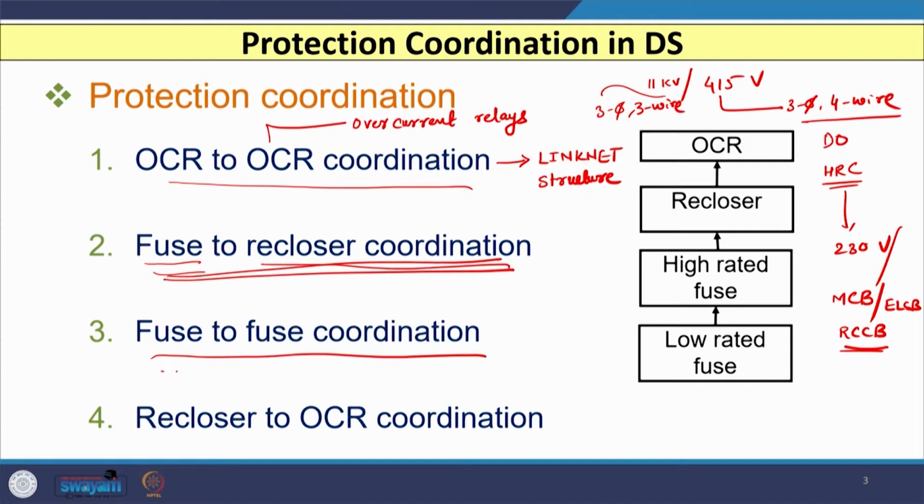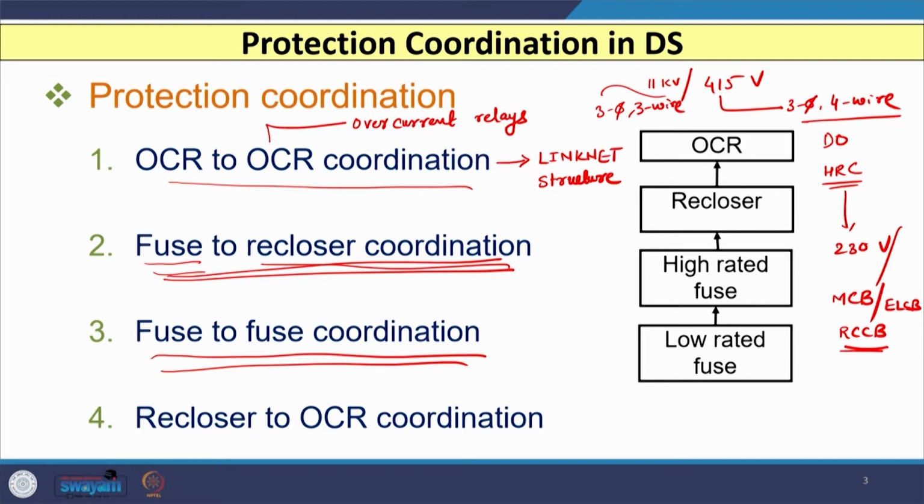Then the third is coordination between two fuses, because we know that at the 230 volt level we use a fuse or MCB, and at 415 volt also we use, let us say, a high rupturing capacity type of fuse. So, coordination between two fuses is also required.